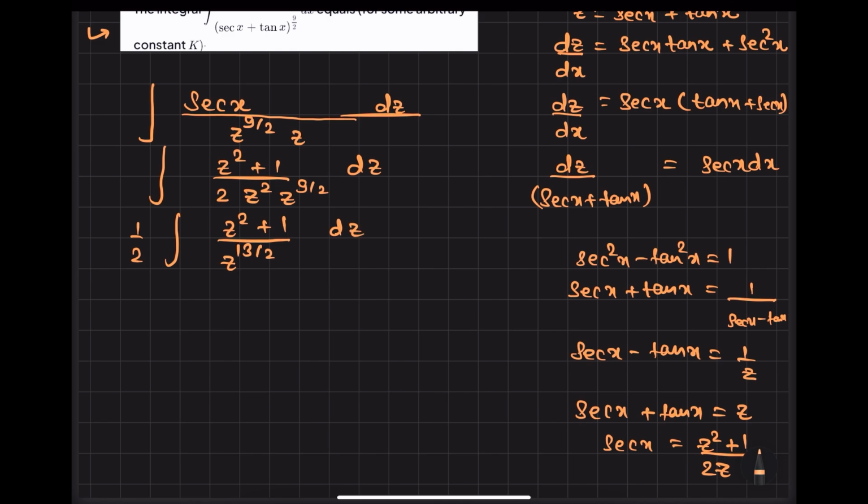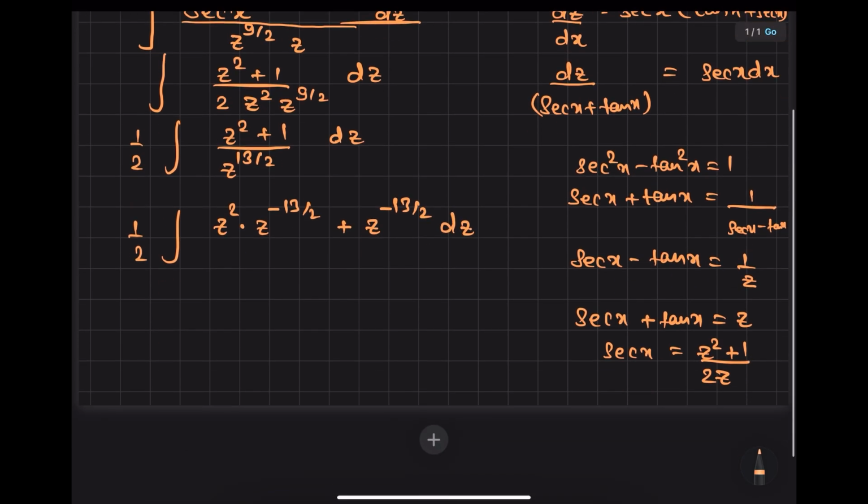Okay. Now segregate both of them. So can I write 1 by 2 integration of z power 2 into z power minus 13/2 plus z power minus 13/2, dz? Now you can directly integrate.